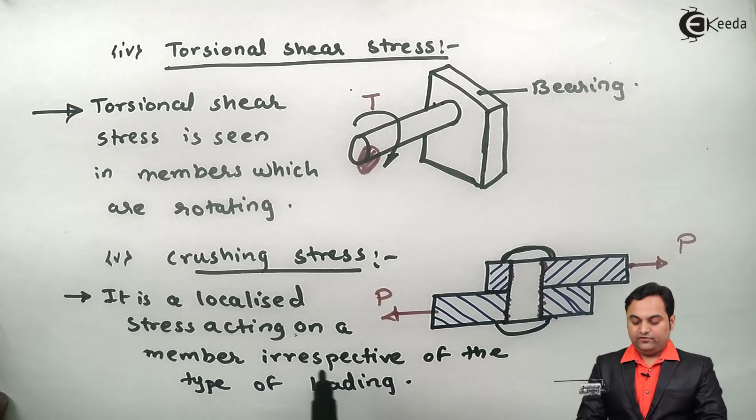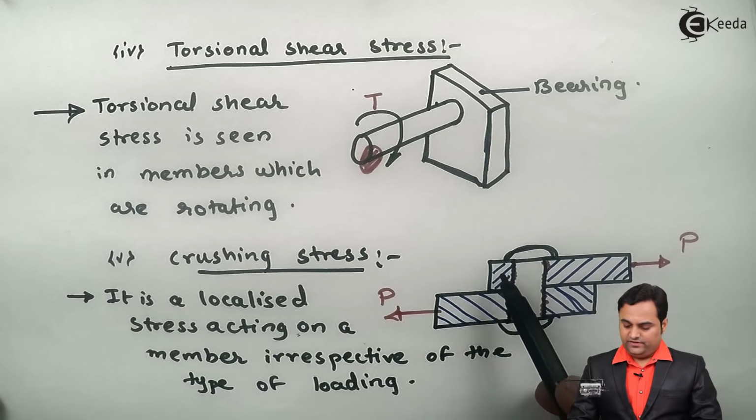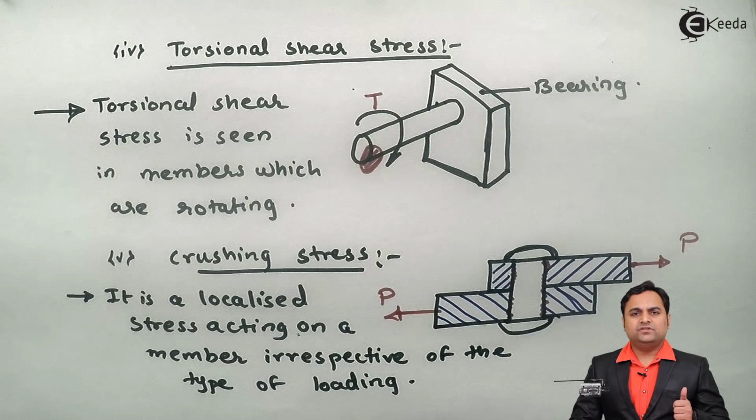So here I have written for crushing stress that it is a localized stress, means it will be acting only on those members, like for example pins, rivets, cotter, joints. Their crushing takes place more frequently.